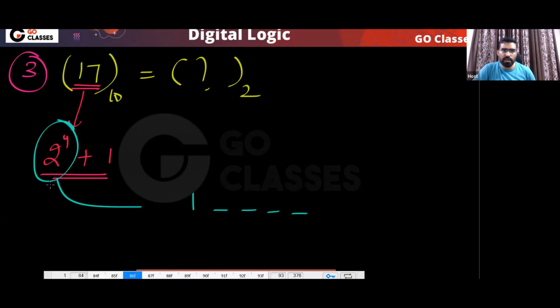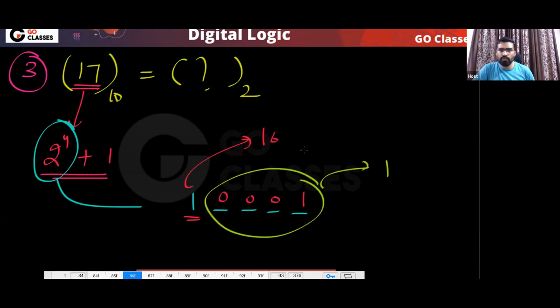Now remember, this will give you 16. How much is remaining? 1 is remaining. This is your 1. So finally, we got 17.